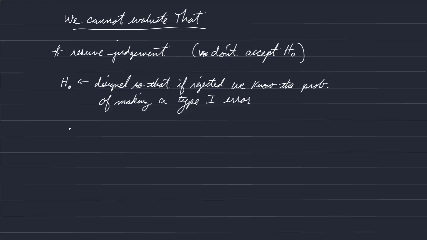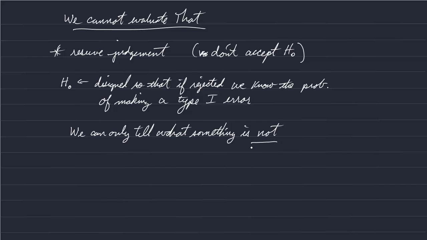Or in other words, we really can only tell what something is not. We have information about a previously studied probability distribution. Since we know that information, we can tell whether it's not from that, but we cannot tell what something is.